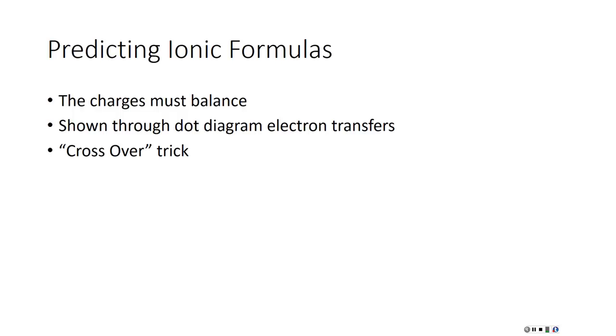So I've got Na and I've got S. Na is in the first column of the periodic table. So when it goes into a compound, it's going to give up an electron and become a +1. Everything in that first column is going to become a +1.